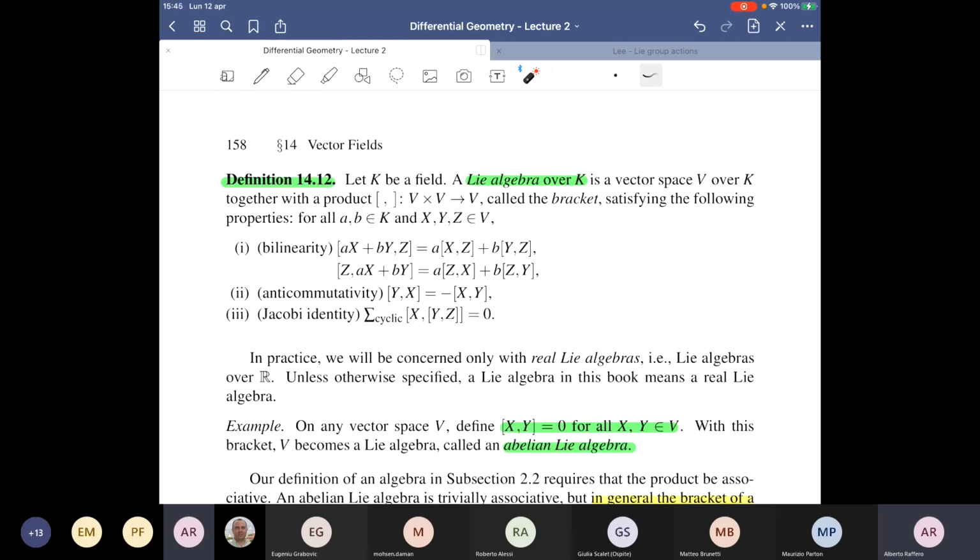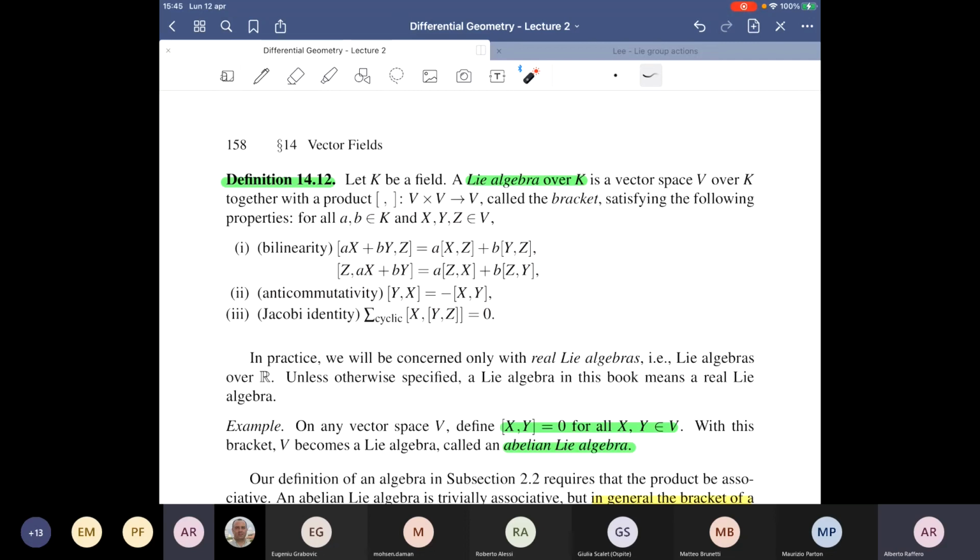So whenever you have a vector space endowed with a bracket operation which sends two vectors in a third vector and satisfies these three axioms, then this is the structure you call a Lie algebra.